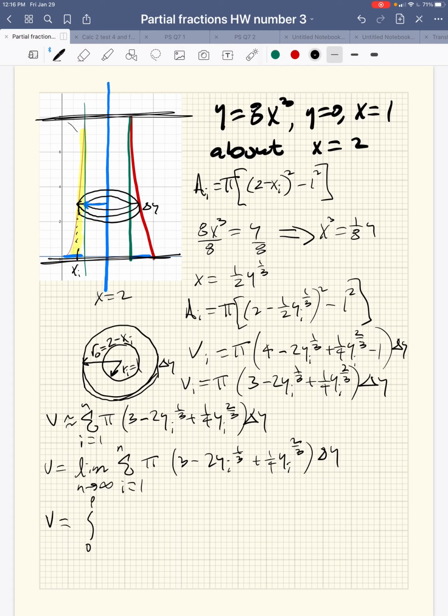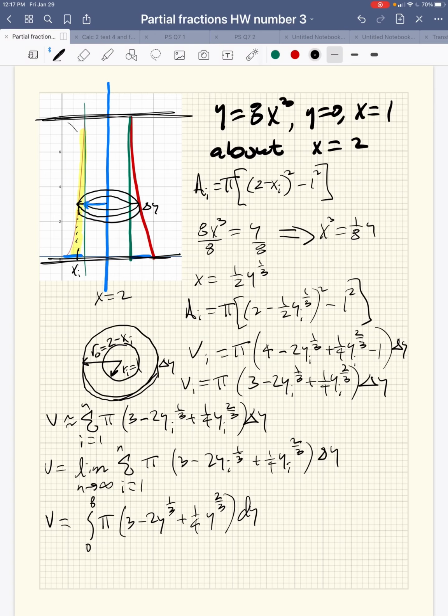So our limits of integration then will be 0 to 8, and then our function will be pi times 3 minus 2y to the 1/3 plus 1/4 y to the 2/3 dy.